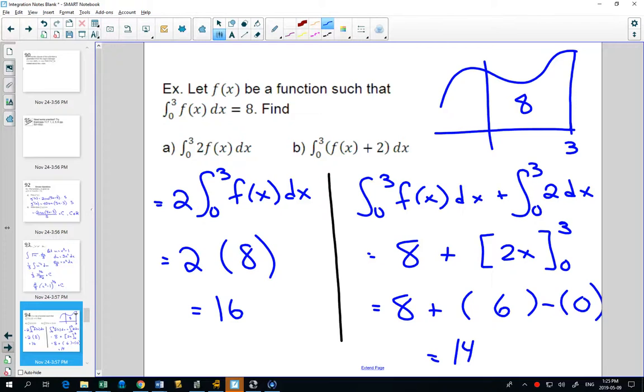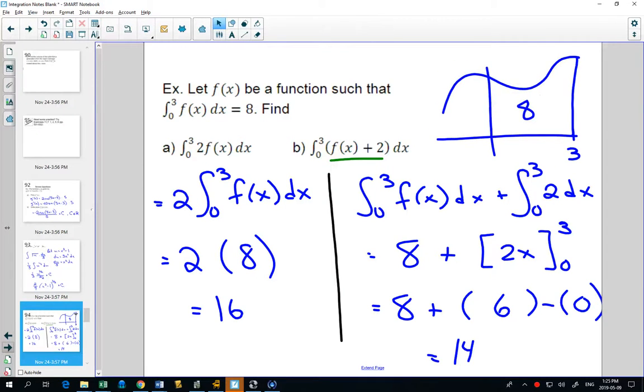We could also solve this question with an understanding of transformations. If you think about transformations, what would adding 2 outside of it do to your graph? It would be a vertical shift, moving your graph up 2 units. So I'm going to take the graph that I had here and move this part up 2 units, this up 2 units, this 8 up 2 units.